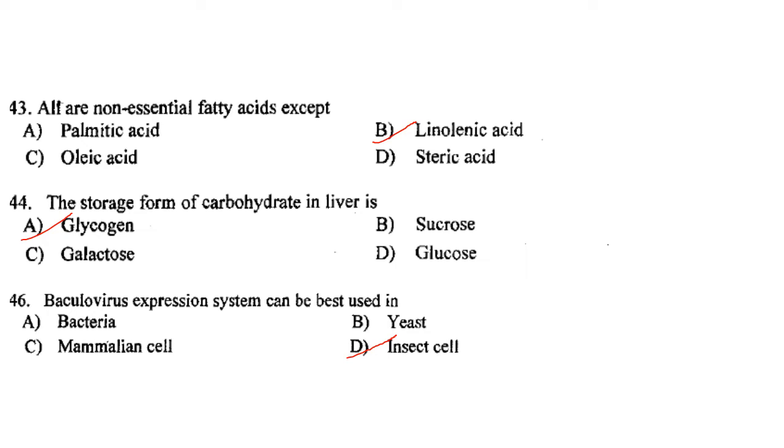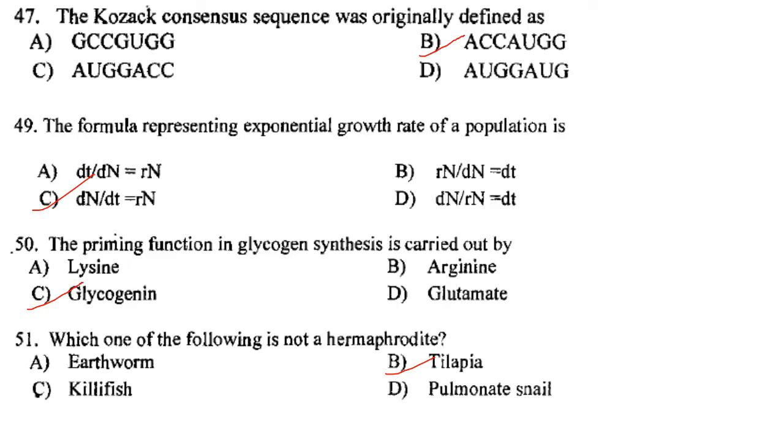Baculovirus expression system can be best used in. It can be best used in insects. Baculovirus infect insect cells. So answer is option D. Then next one. The Kozak sequence was originally identified as ACCAUGG.